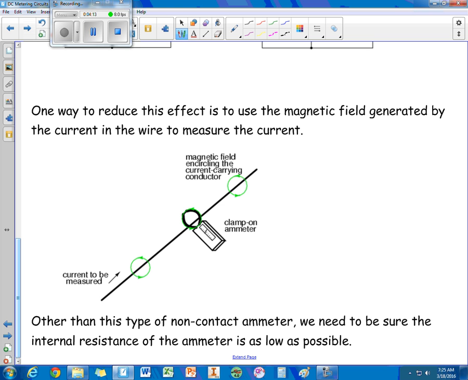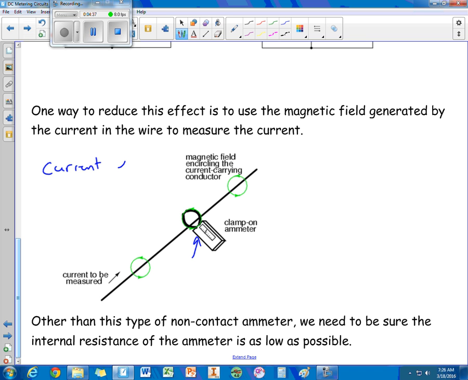Remember that when current flows through a wire, a magnetic field is generated around that wire. So what I could do is I could get a device that detects magnetic fields. I can place it around the wire, and remember that there's a relationship between current and magnetic field.